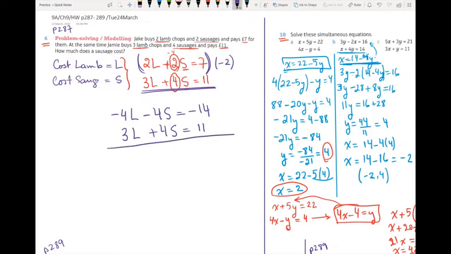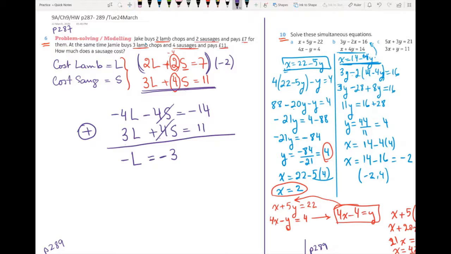Now we add both equations. So minus 4S plus 4S gives me 0S, so S now is not found anymore. Minus 4L plus 3L is minus 1L, which is equal to minus 14 plus 11, which is minus 3.